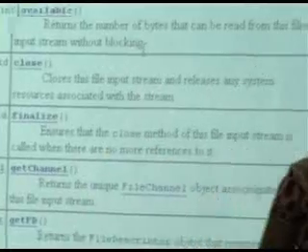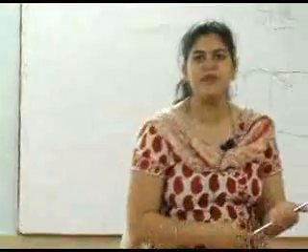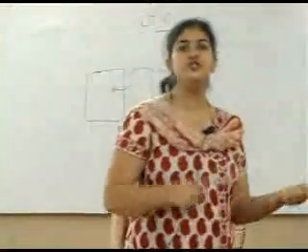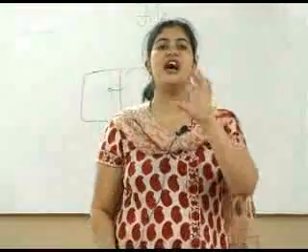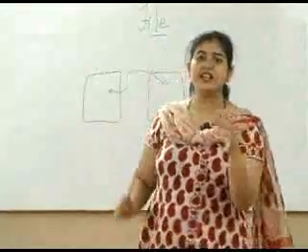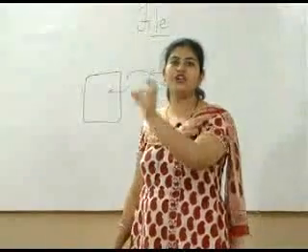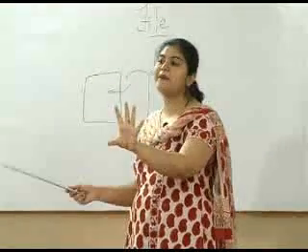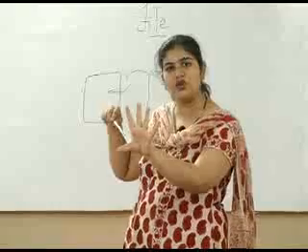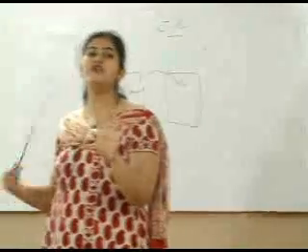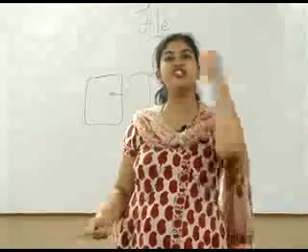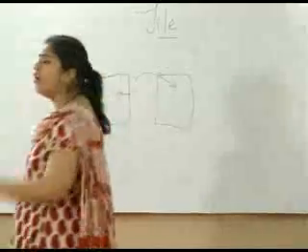Close: all kinds of streams, input streams as well as output streams, should always be closed after using them, because if you keep them open, your resource is engaged. If anybody tries to access that resource, they would not be able to use it because you're engaging it with your input stream or output stream.